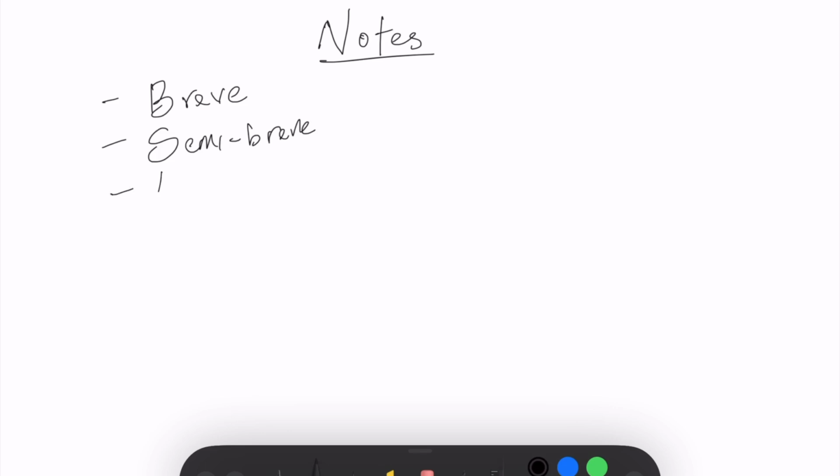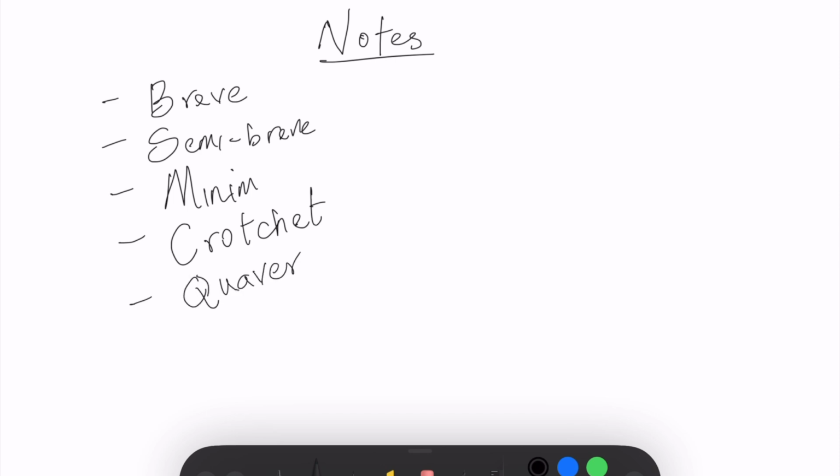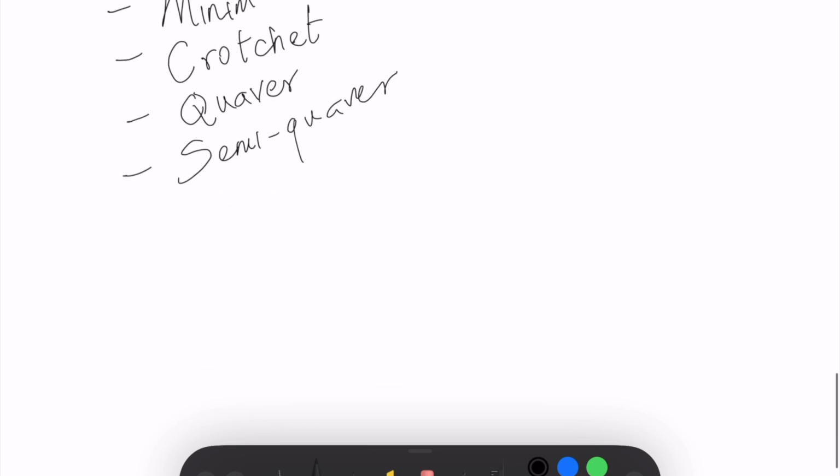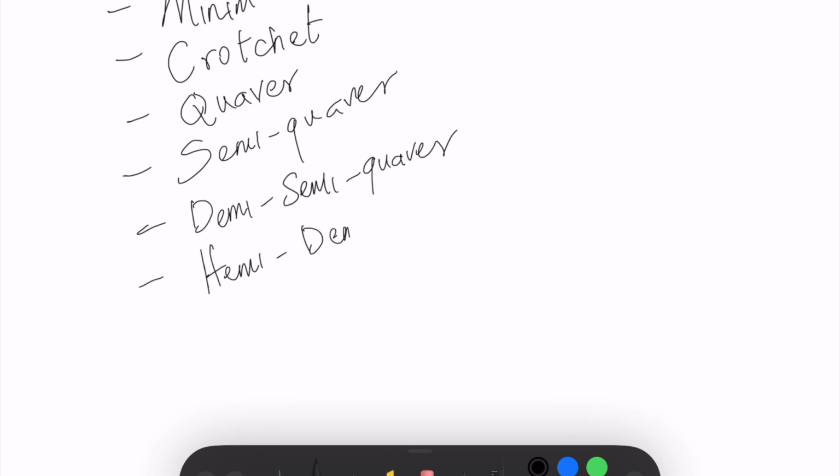And then minim, and then crotchet, and then quaver, and then semiquaver, and lastly you have hemidemisemiquaver.